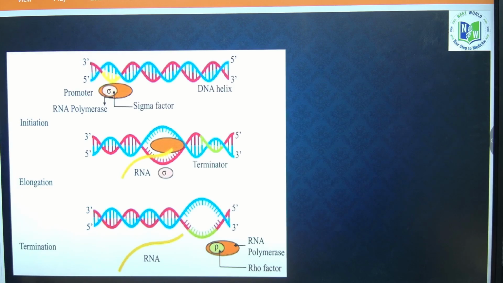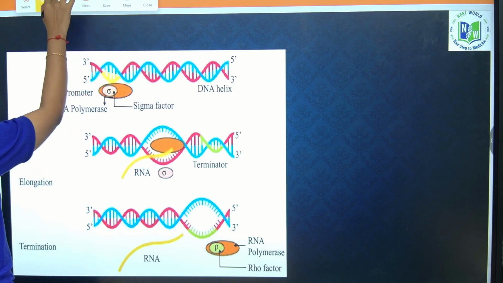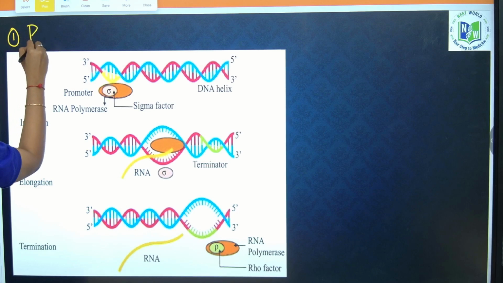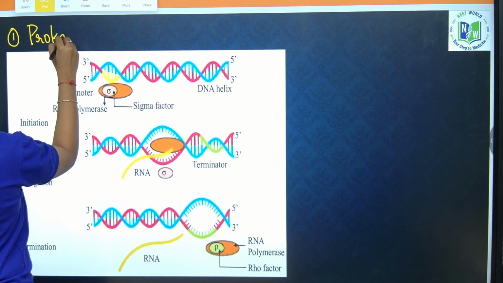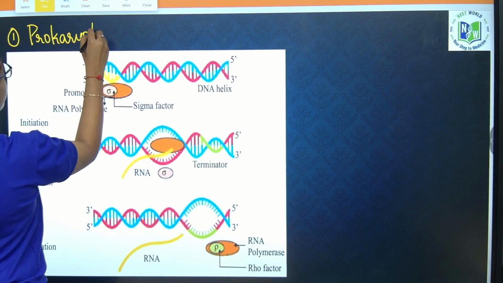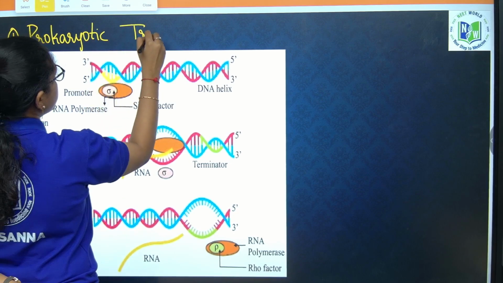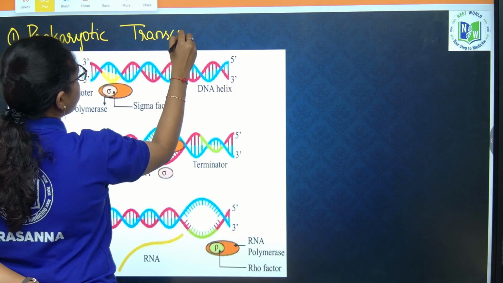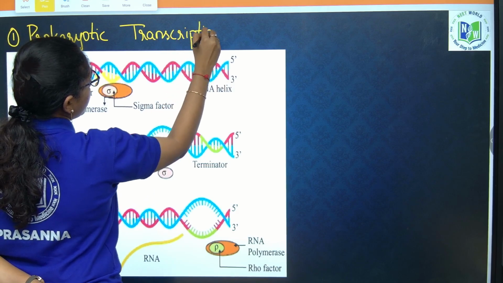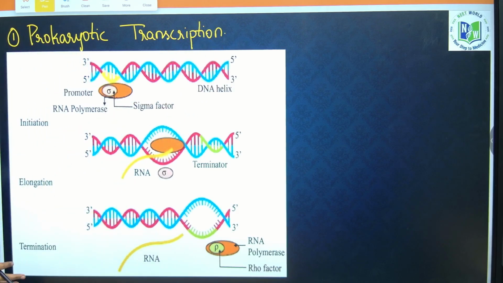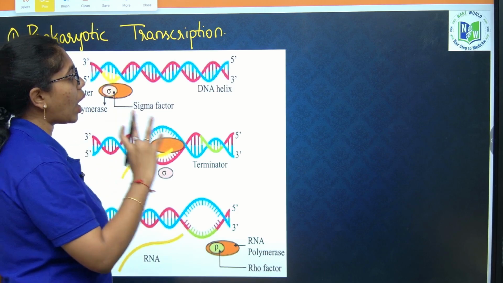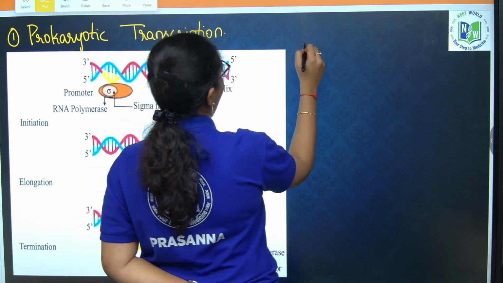Now, if we look into the details of transcription, first we will see prokaryotic transcription. In prokaryotic transcription, three phases are present, and the only enzyme that governs this process is RNA polymerase.